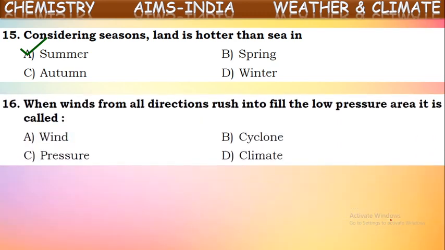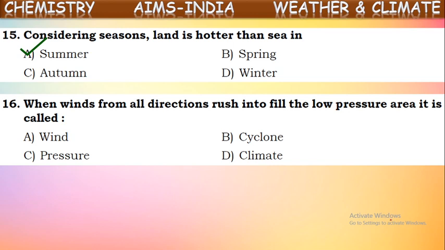When winds from all directions rush in to fill the low pressure area, it is called. Sometimes, as I told, if the sun shines brighter in a particular area, the air there gets hotter. As we know, hot air is lighter and it moves up. In that particular area, what happens now? No air. It becomes low pressure.